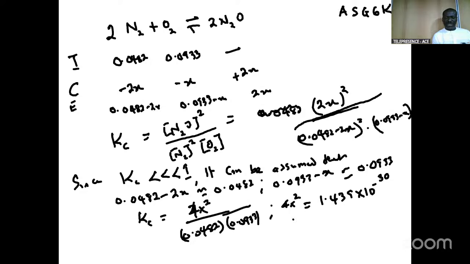And so therefore, x squared will be equal to, okay, because of time constraints, because we are already running out of time, x is simply equal to 6.0 times 10 to the power of minus 16.